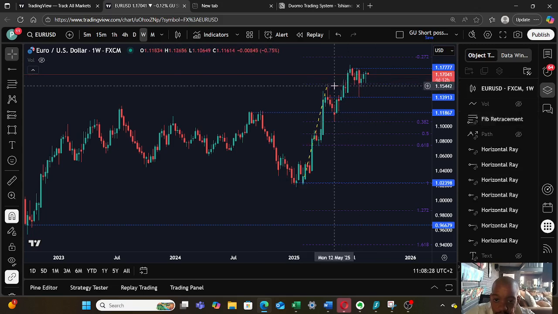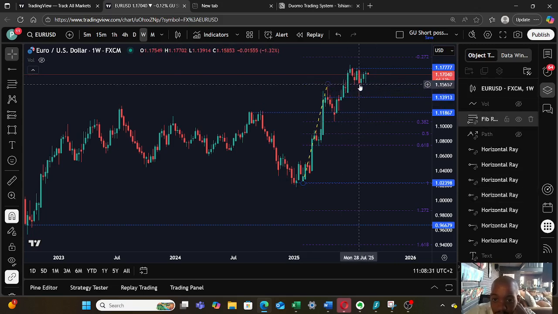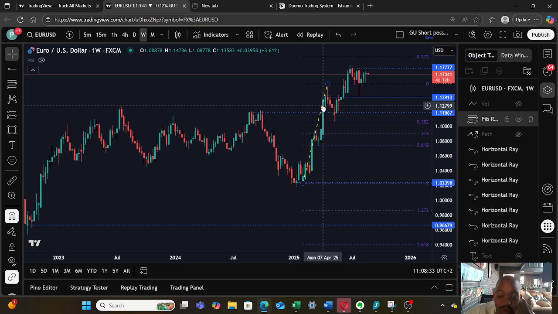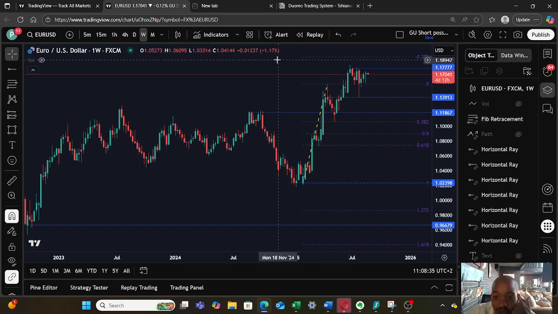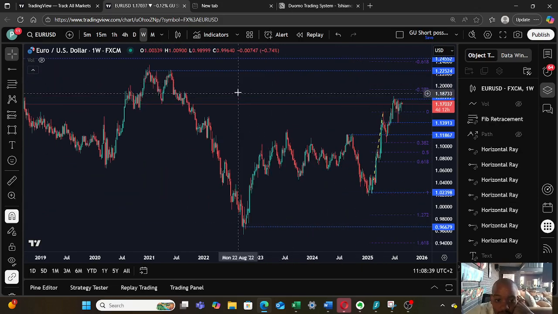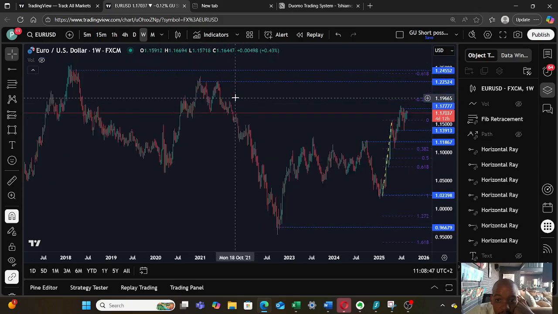What's nice is that we don't break back into the range on the weekly here. So, price could be attracted to the 0.272, which unfortunately doesn't coincide with any other significant level in terms of its dependability.